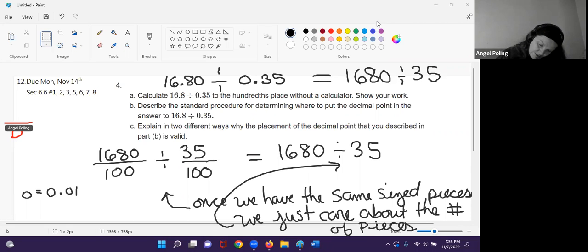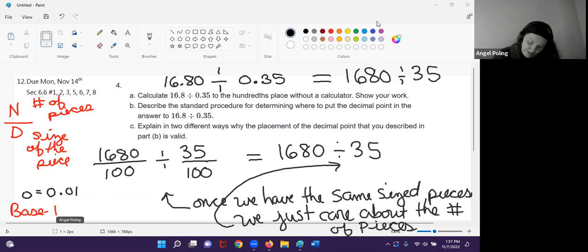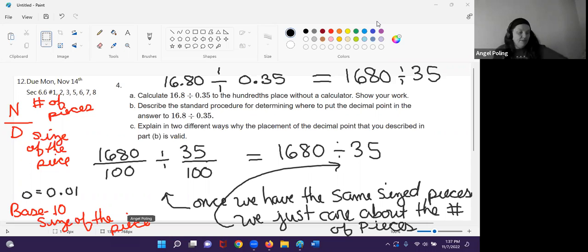Okay, so we've got numerator over denominator, numerator being number of pieces, denominator being size of the piece. And we showed with base 10 the size of the piece. Okay, so they're going to have you do this with like 7/8 and 3/8, but the argument is still the same.